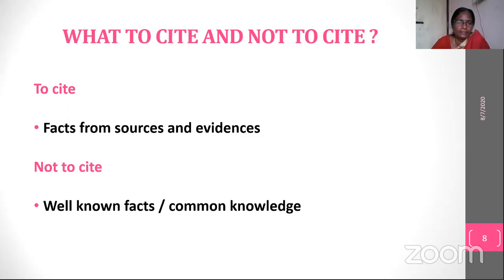So the facts are being ordered, and thereby on the other side the references must also be ordered. So facts taken from the source along with the reference must be cited.